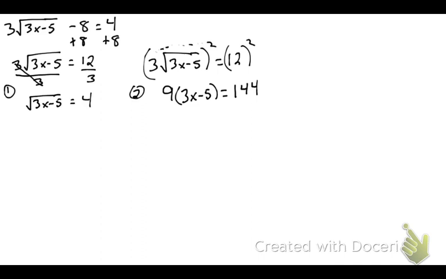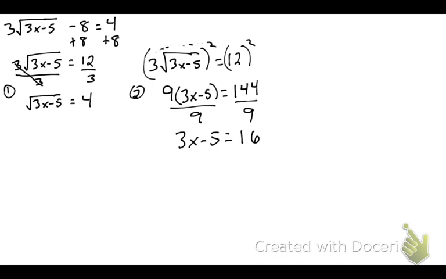Now at this point, you could divide both sides by 9, and conveniently, this is going to give you 3x minus 5 equals 16. Now something to notice.